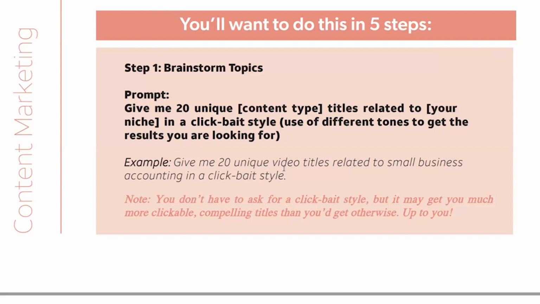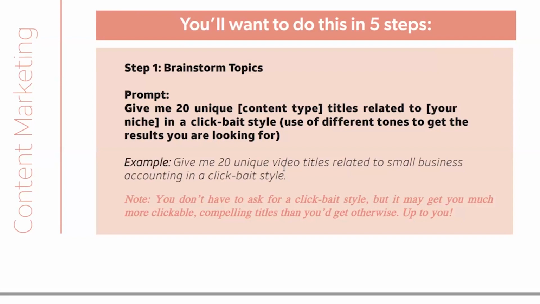Give me 20 unique titles for whatever the niche is in a clickbait style, and then you can use different tones here as well to get the results that you're looking for, whether it's humorous or whimsical, professional. I think it's good to try them out to see what you think.